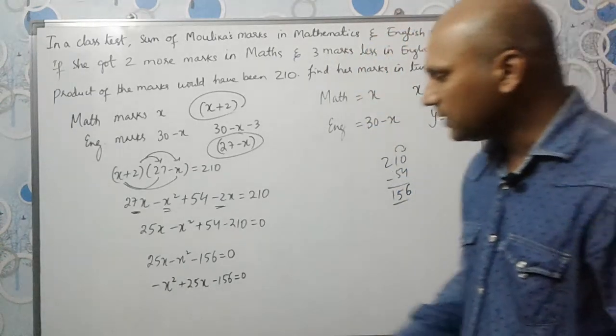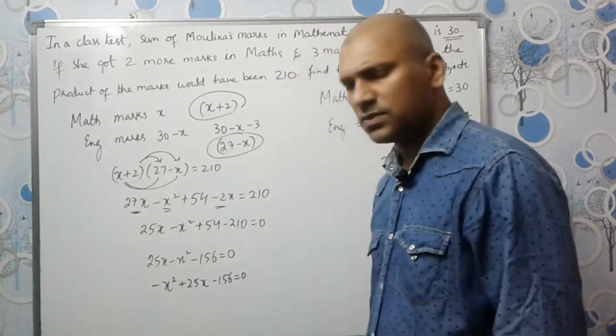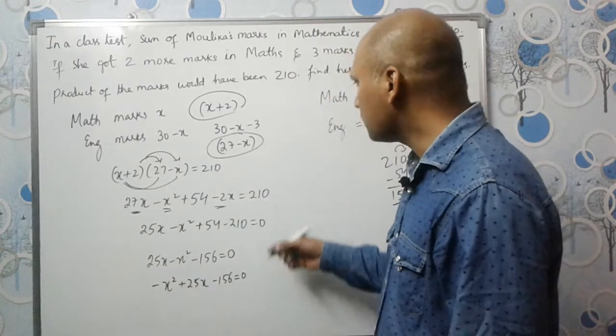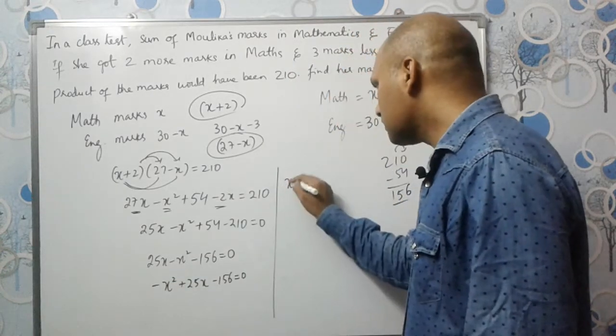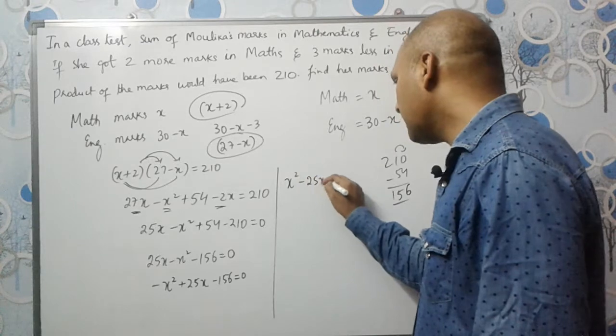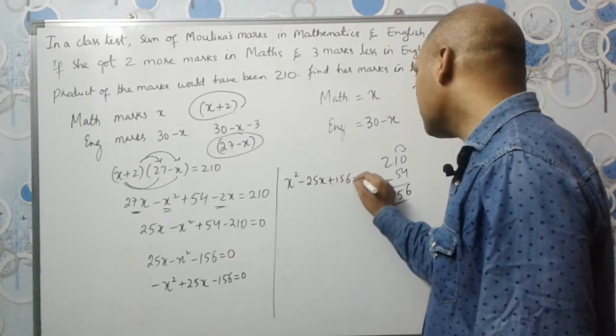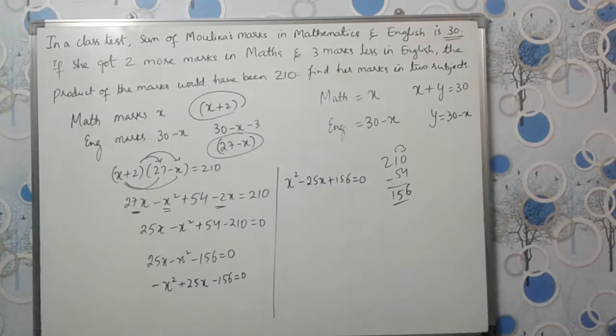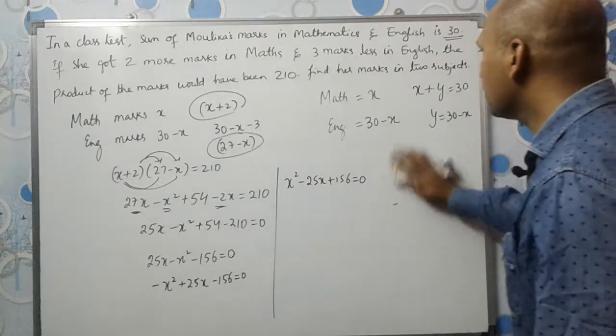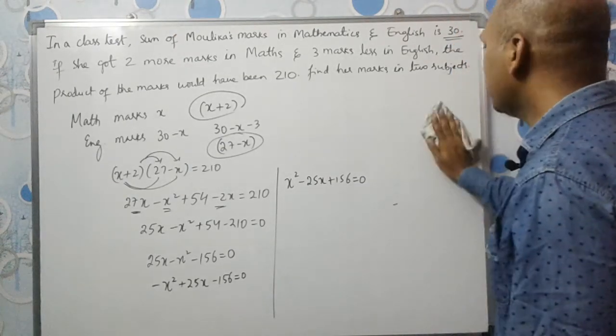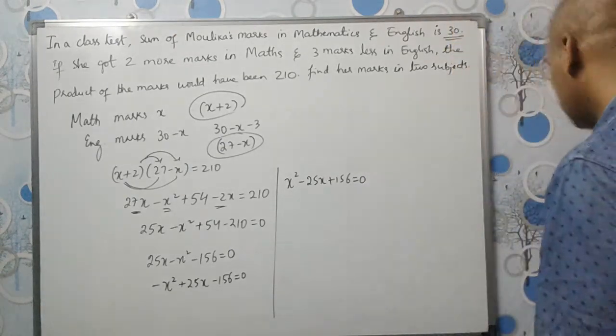Or we can multiply by minus 1 on both sides, which means the signs will change. So we will have an equation like this. This will be our quadratic equation. We need to find the value of x from here.